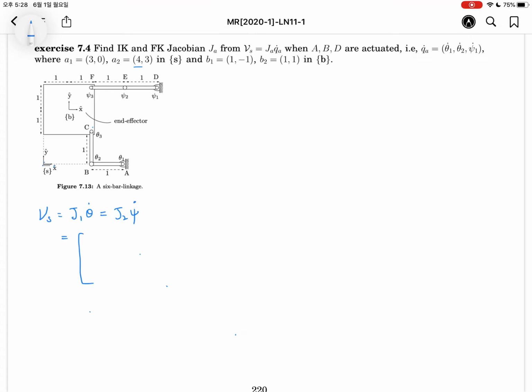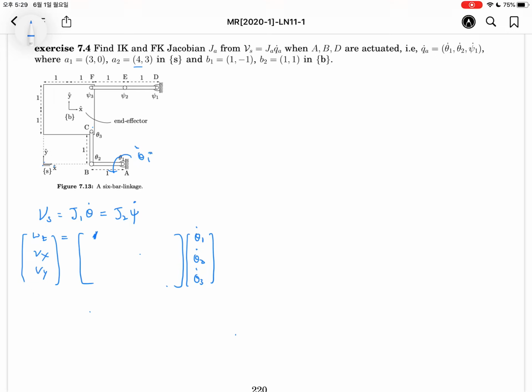Okay, J1 and theta 1 dot, theta 2 dot, theta 3 dot. Theta 1 dot is applied here, so the first element will be 1, is it right? Because the first element is omega z, then Vx and Vy, to denote the twist.